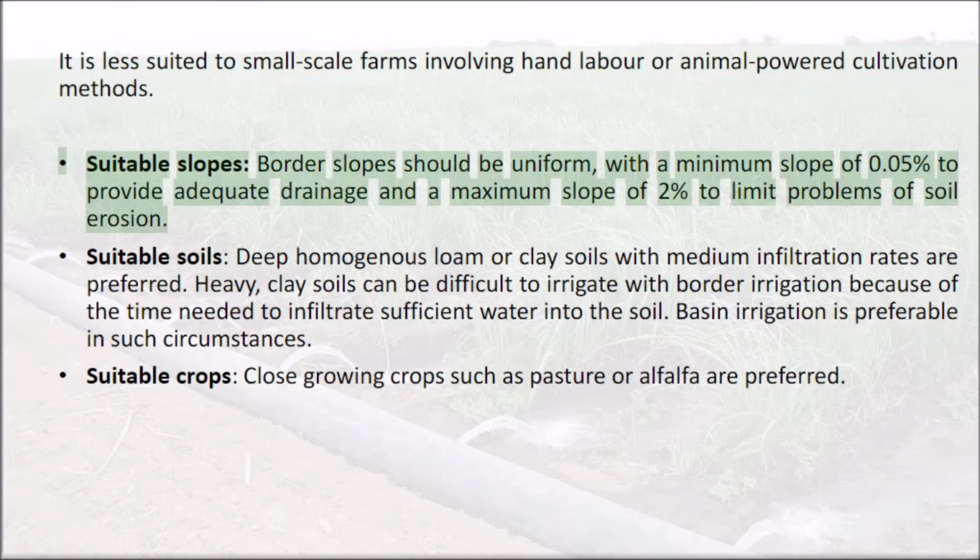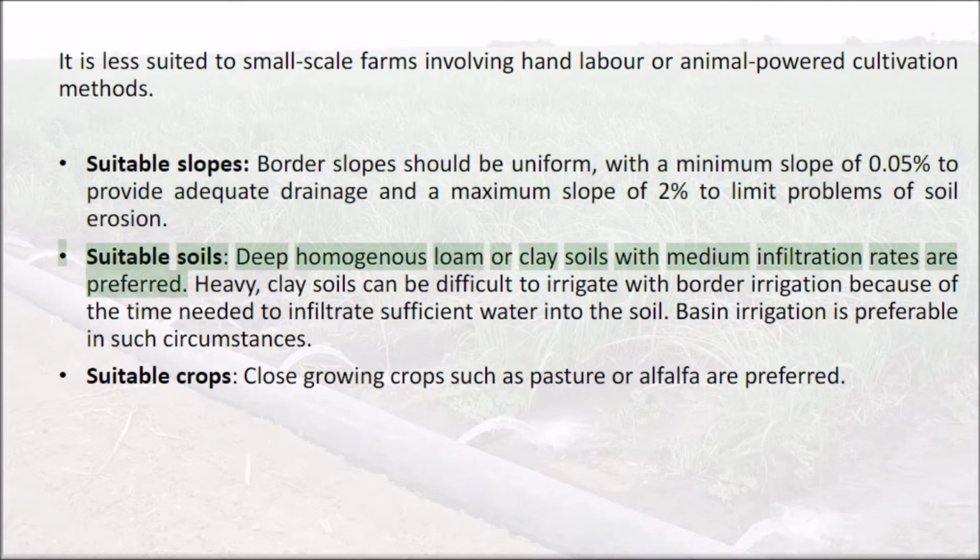Suitable slopes. Border slopes should be uniform, with a minimum slope of 0.05% to provide adequate drainage and a maximum slope of 2% to limit problems of soil erosion. Suitable soils. Deep homogeneous loam or clay soils with medium infiltration rates are preferred.